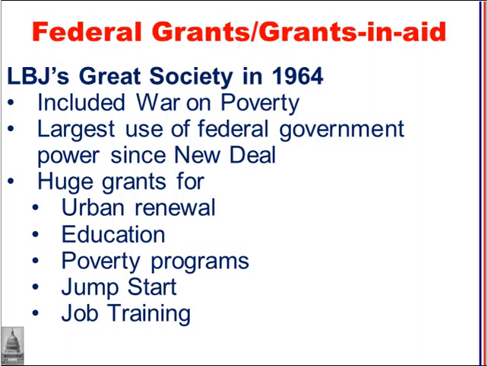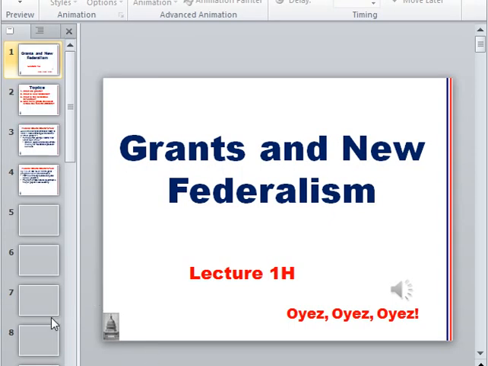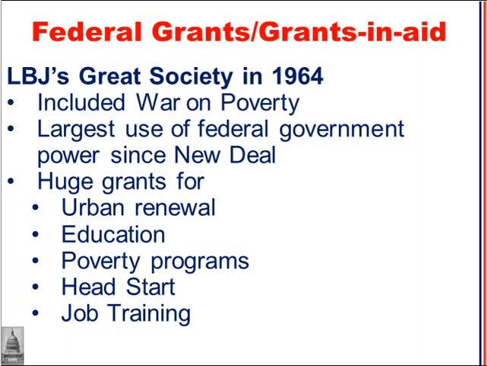There were grants for urban renewal, for education, for poverty programs, for Head Start programs and for job training. So the congressional use of funds was seen as a way to bypass conservative state governments and mayors and councils.